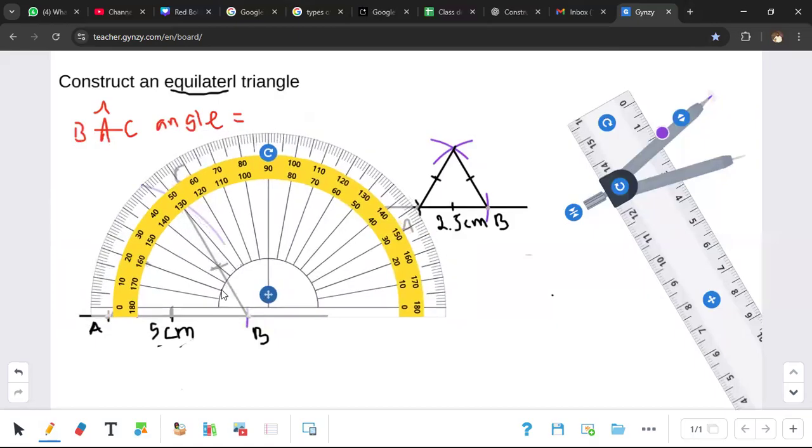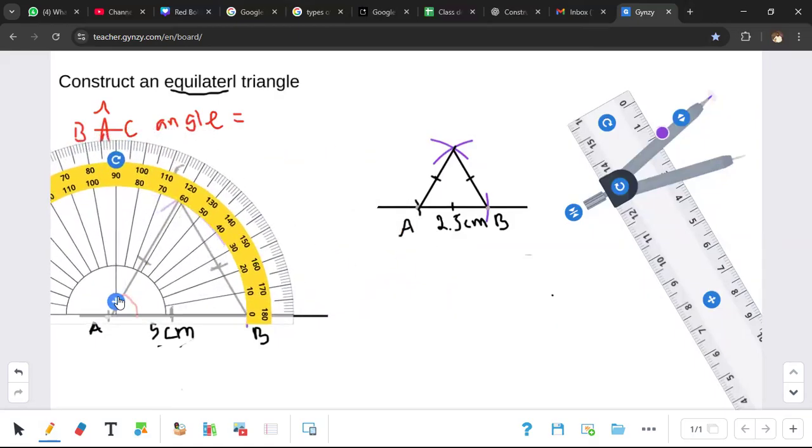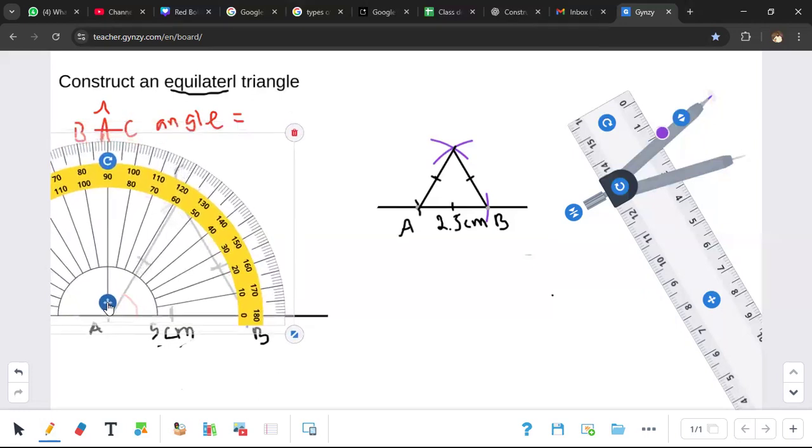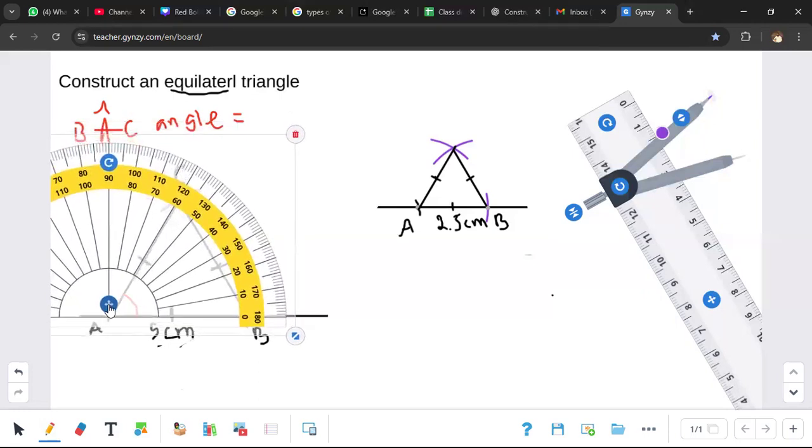This is my protractor. Yes, sir. Right? So you are going to place it right at the middle, like this, right? So that you can see this zero line intersects with BA, right? And this AC line is directly going through the 60-degree mark, right?